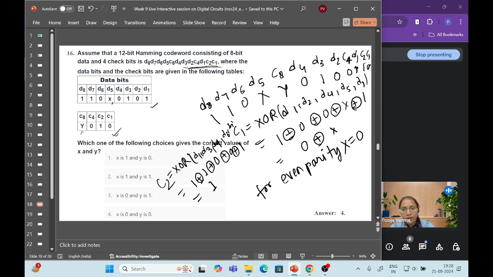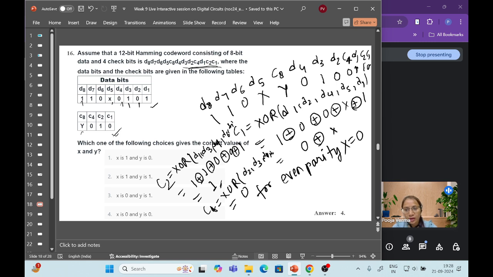C2 is already given as 1, so that is correct. Now check C4 also: XOR of D2, D3, D4, D8. The number of ones is even, so you will get 0.